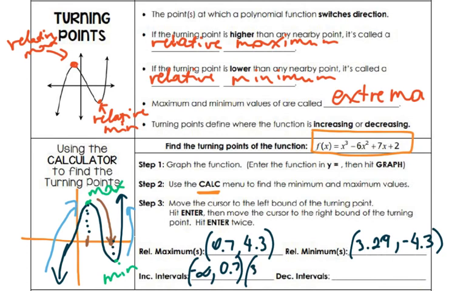And the minimum happened to be at 3.29, to positive infinity. There's only one interval of decreasing, and that's going to be the one in brown on my graph, and that's going to be between your maximum, which is 0.7, and your minimum, which is 3.29.